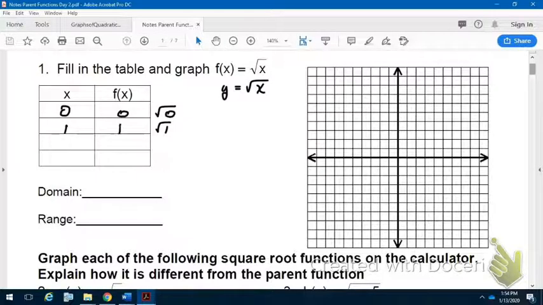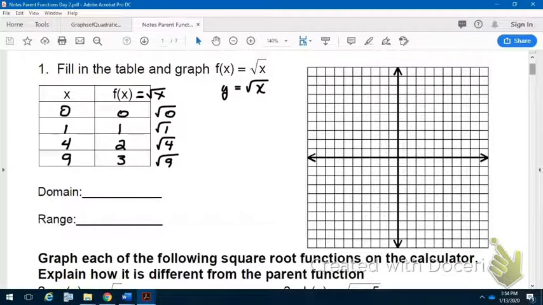The square root of 1 is 1. Then we have 4, and the square root of 4 is 2. Now, I didn't pick an x of 2 or 3 because I can't take a nice even square root of those. And then we can have 9, and the square root of 9 is 3.